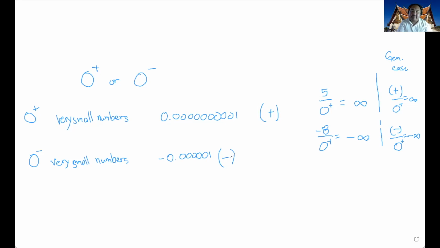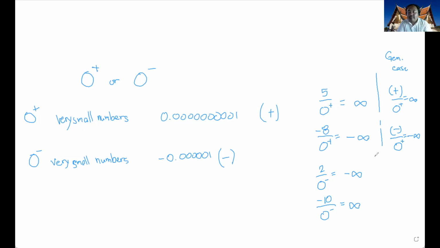It is negative. So if you're going to do the division, say for example, I have the number 2 divided by a very small negative number. Because I have positive 2 divided by a very small negative number, I will end up with a large negative number. And if I have, for example, negative 10 divided by 0 minus, a very small but nonetheless negative number, I will get a large positive quotient.